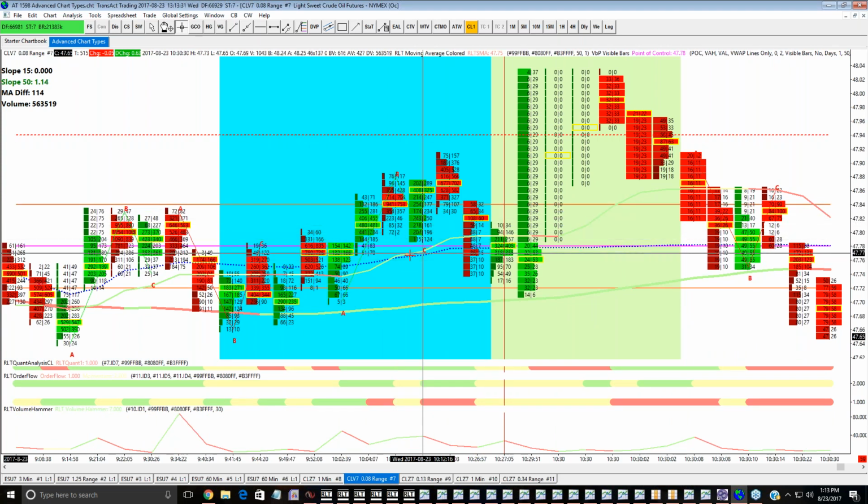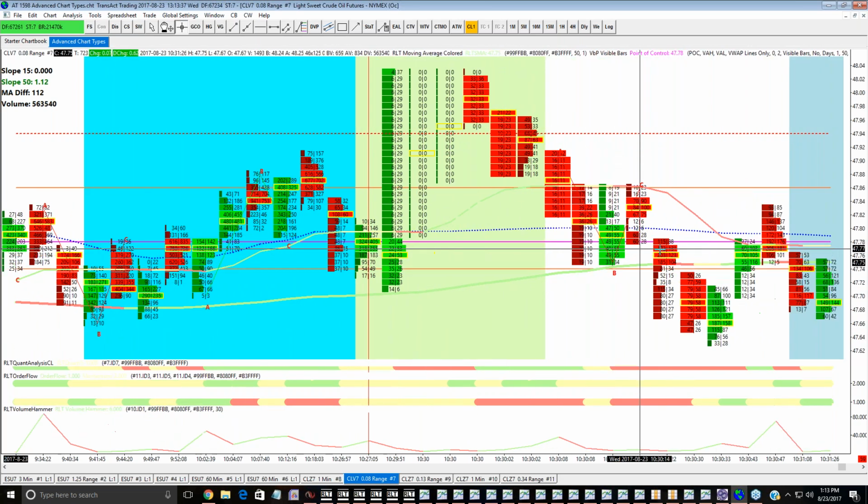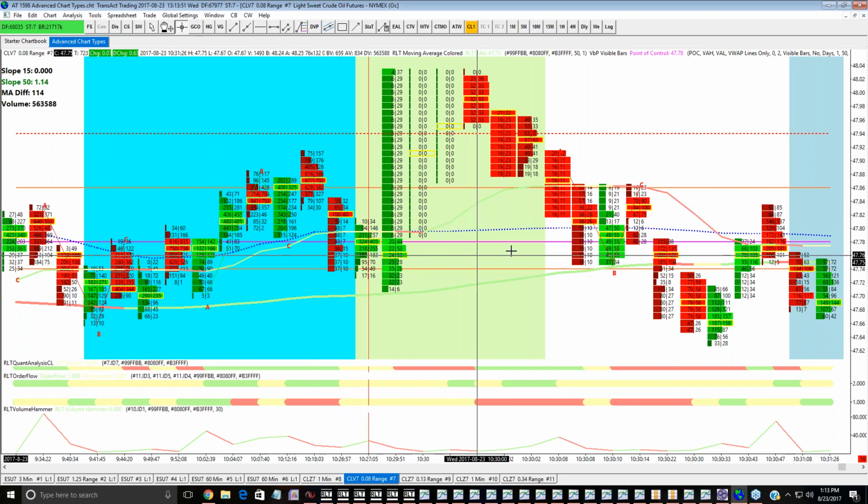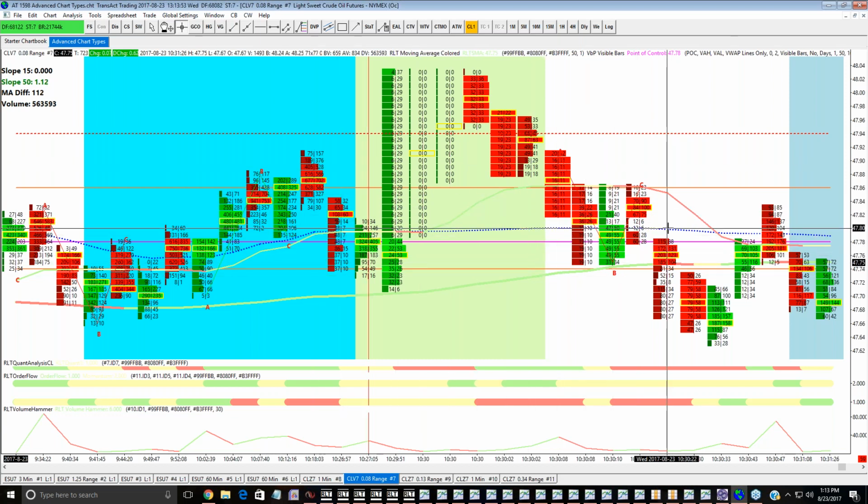And this is the volume-weighted average price. So it's really a moving average, but it's a moving average not based on the average close. Like a 15-period moving average is based on the average close going back 15 candles, if that's the period. This is based on the average volume going back.